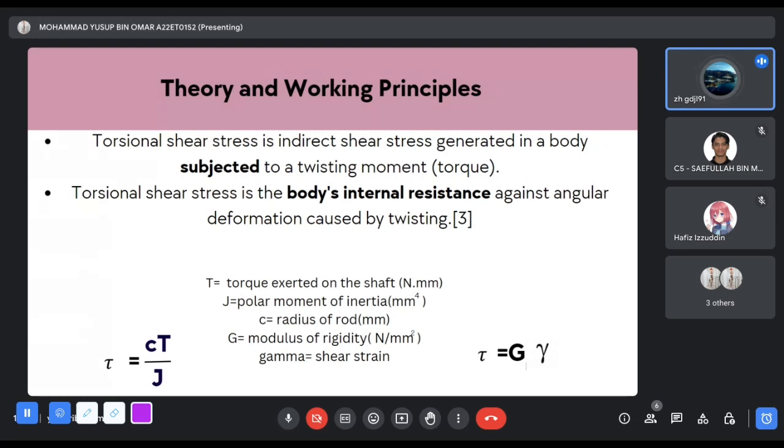Below are two formulas which relate tau and the torque. On the left side, and then on the right side, we can see the formula relating the torque with the modulus of rigidity and the shear strength.